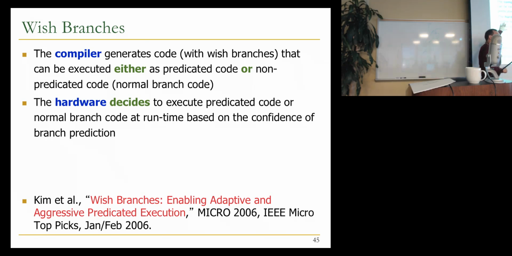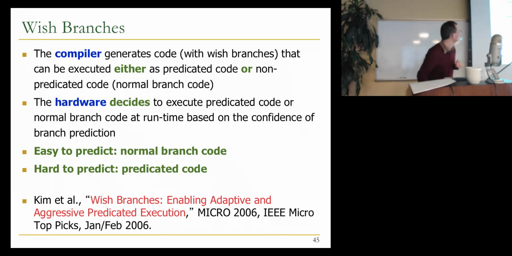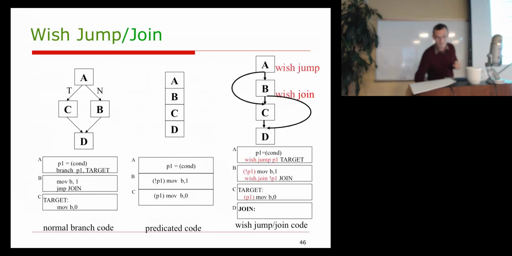And the hardware, based on dynamic branch behavior, decides which one is executed, either branch prediction or predicate execution. It's kind of nice because the compiler is good at generating code, hardware is good at dynamic decisions. It's a nice clean way of dividing work between the two. And if it's easy to predict at runtime, then use normal branch code. If it's hard to predict, then use predicated code.